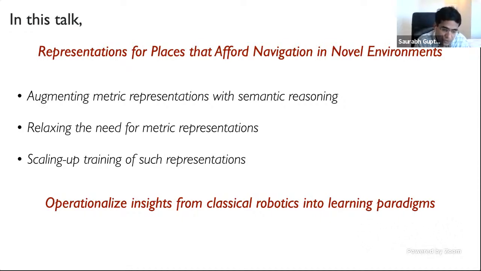I think the other avenue for improving performance on these tasks is related to how much training data we can get for training these representations, right? If we are stuck with our simulation environments where we have, let's say, 100 environments, and we're trying to learn these semantic priors, like what rooms are next to one another, you in some sense have 100 examples, 100 layouts, and from there you're trying to learn what layouts look like.